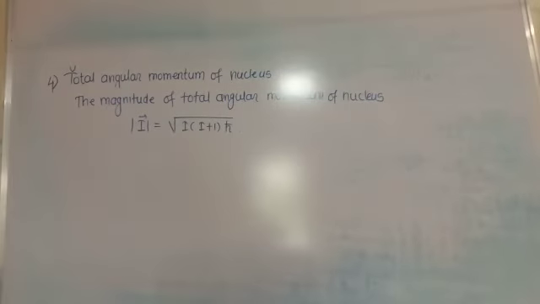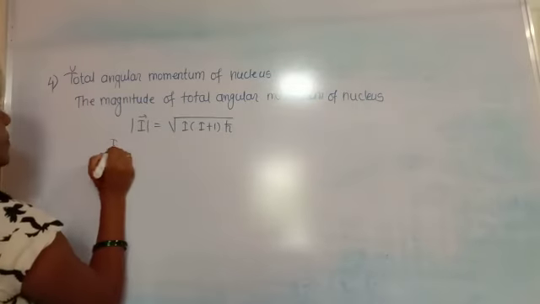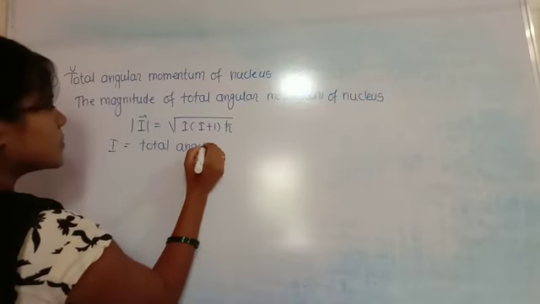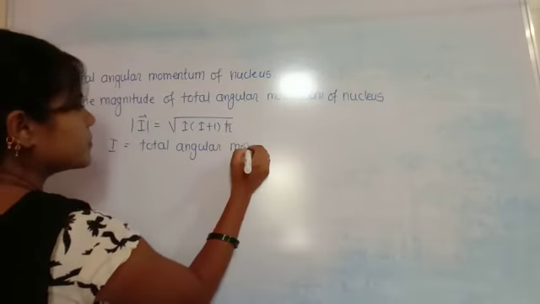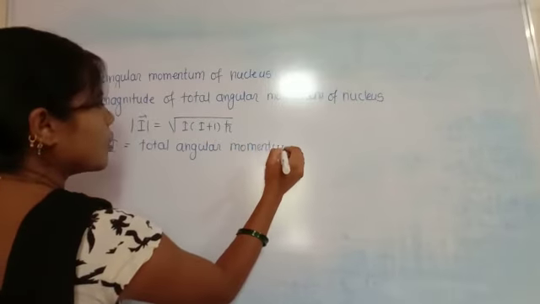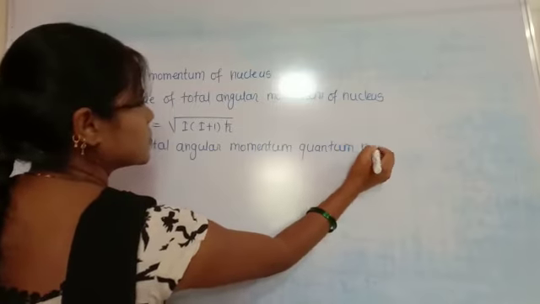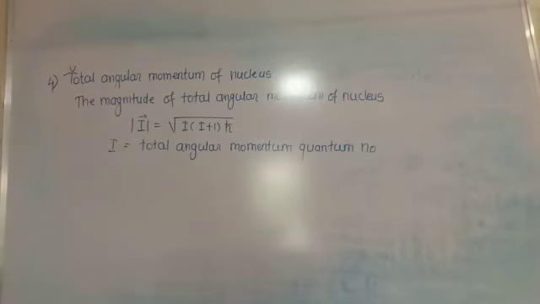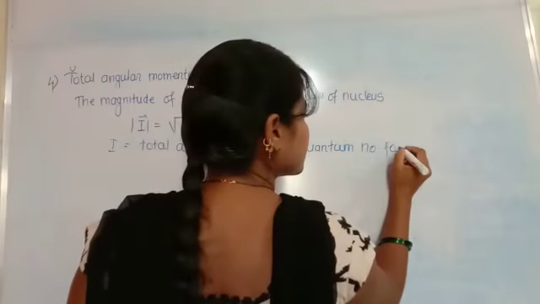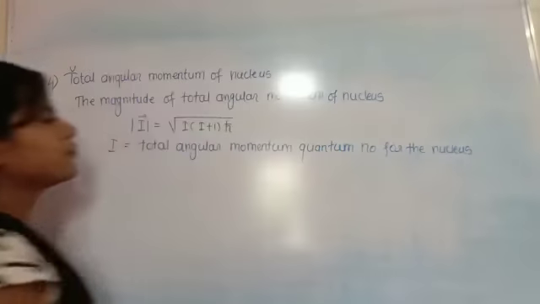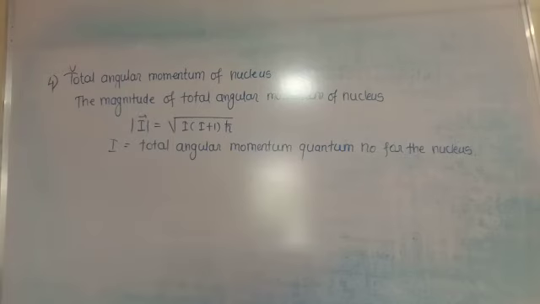So this is the magnitude of total angular momentum of the nucleus, where I is the total angular momentum quantum number for the nucleus.